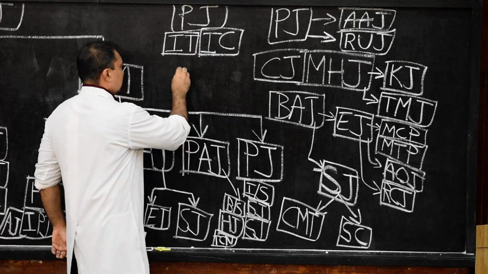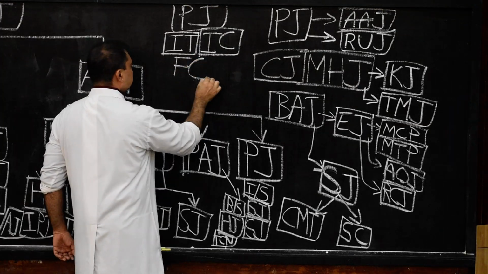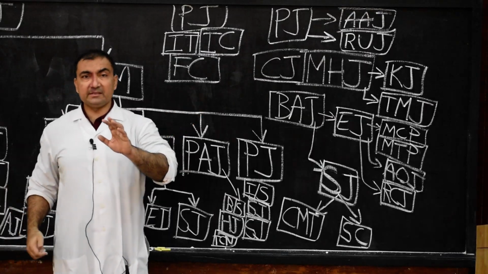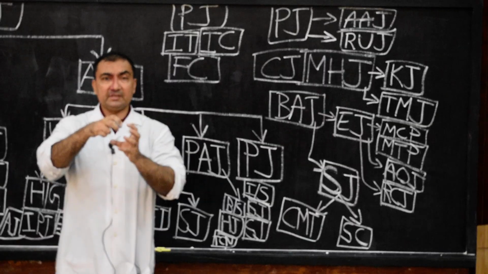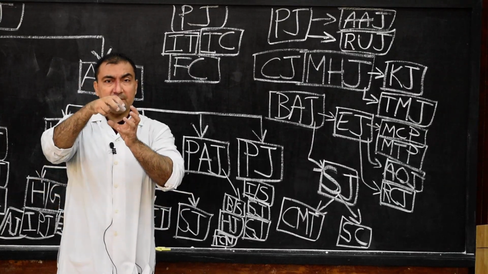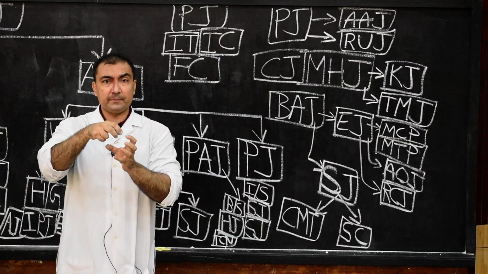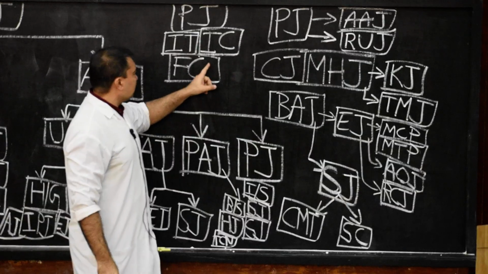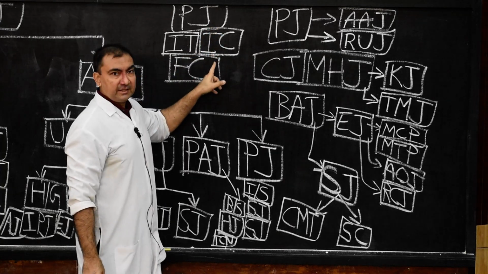And the facet joints. What are these facet joints? Facet joints are the joints which are present between the articular processes of various vertebrae. In the vertebral column, the joints between the various articular processes are known as facet joints, and they come under the category of plane joints.